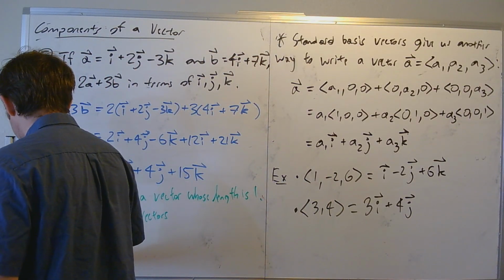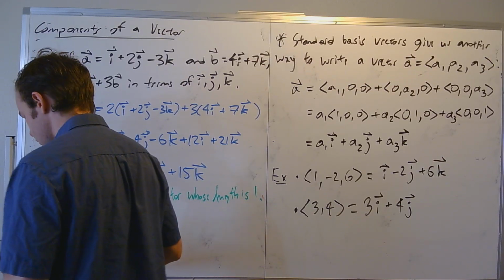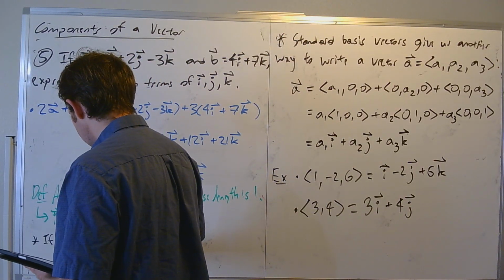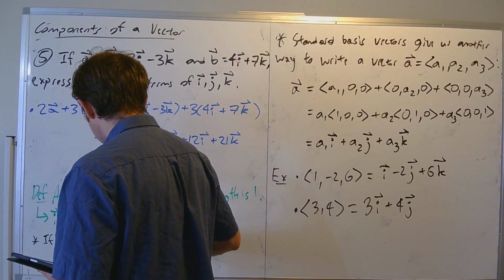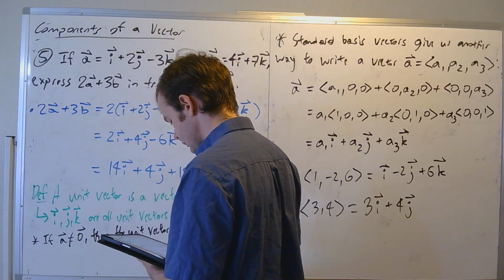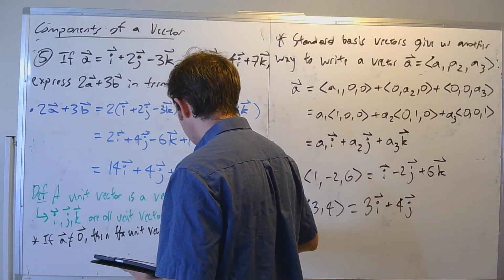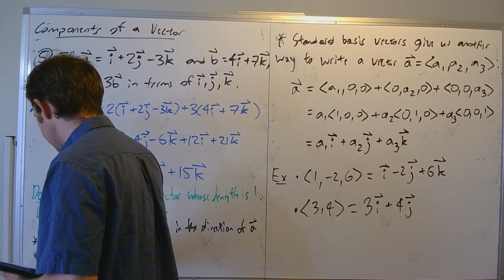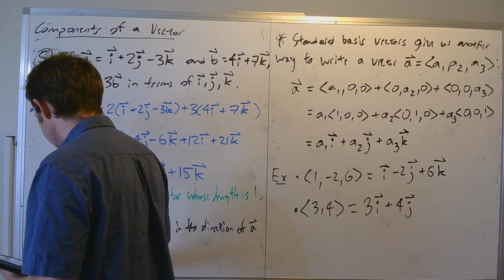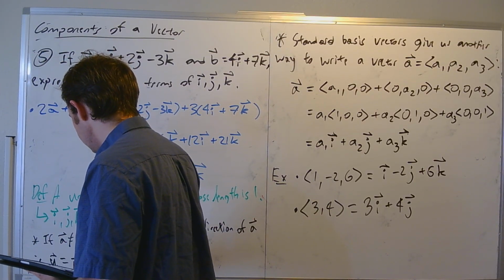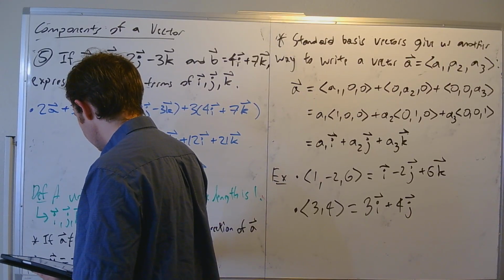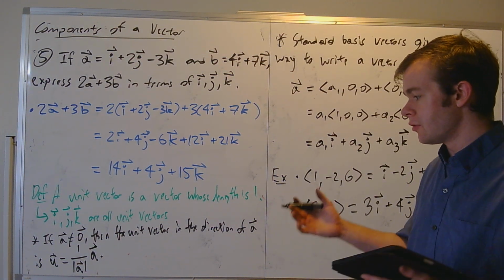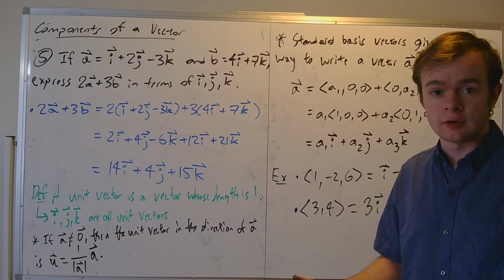So the way we do that is if vector A is not equal to the 0 vector, then the unit vector in the direction of A is U equals 1 over the magnitude of A times A. Right, so we multiply A by 1 over its magnitude, and what that does is you're dividing the magnitude of A by the magnitude of A, so you're just going to have magnitude 1 whenever you do that.